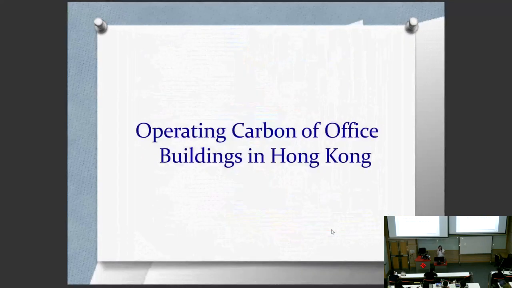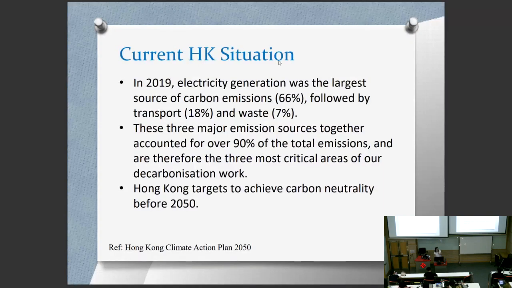But in the meantime, we want to talk about the operating carbon of office buildings in Hong Kong. We have seen so many examples of buildings in the UK. So how about Hong Kong? For the Hong Kong situation, in 2019, electricity generation was the largest source of carbon emissions, 66%. Then 18% was due to transportation and 7% due to waste.